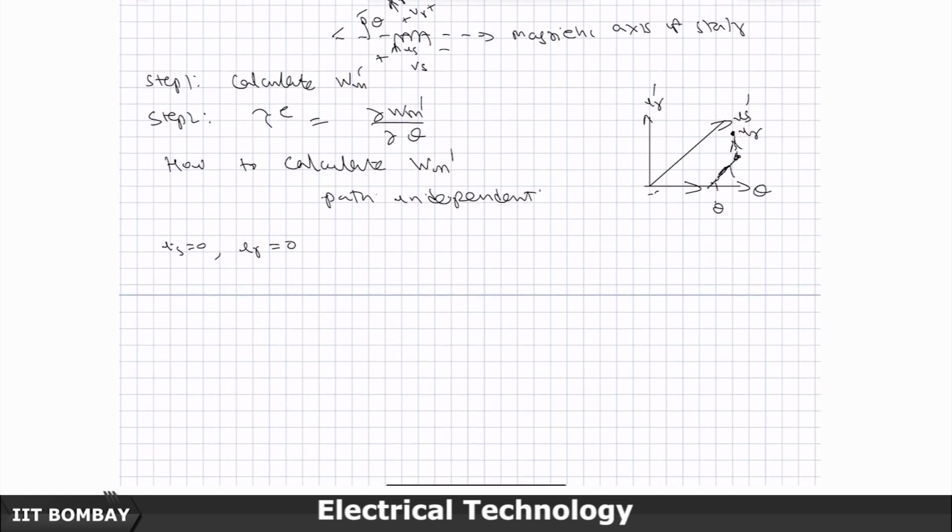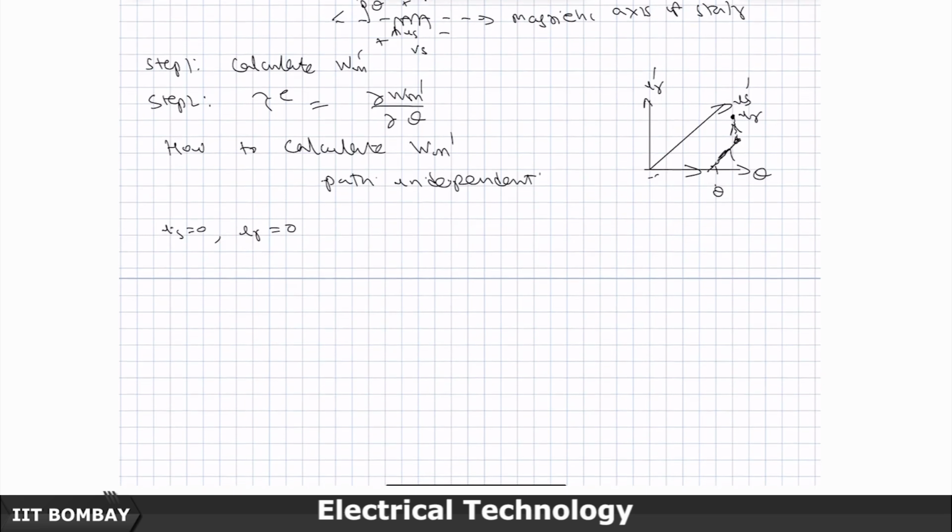So, the first step, as you know, does not cost any energy, because it is a de-excited system and you are bringing the right topology. So, there is no integration to be done here. The integration is done in this step and the integration is done in this step. So, the integration which is done in the first step is lambda s, is dot, is dash, rotor current is 0, theta is at its original position, and I do a dis dash and I integrate this from 0 to is.